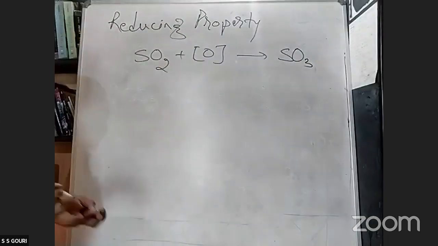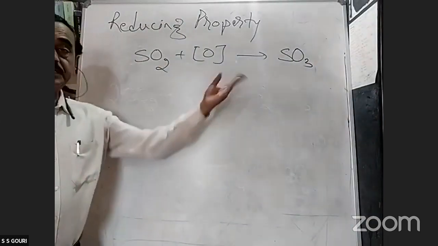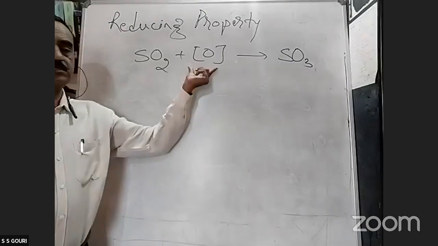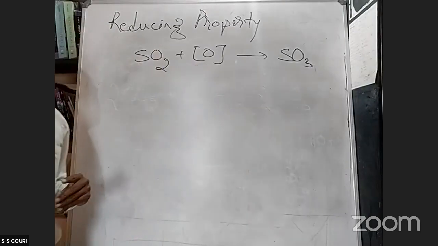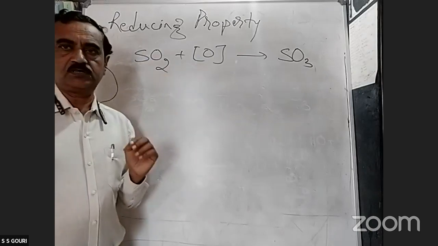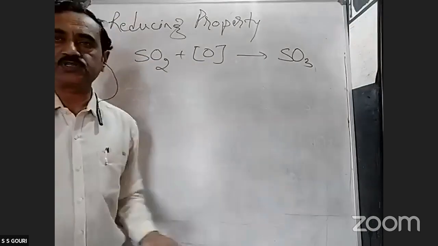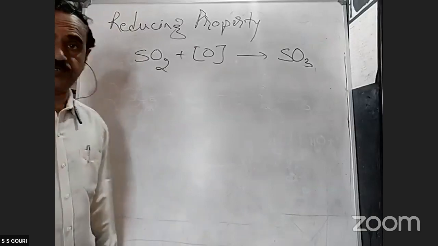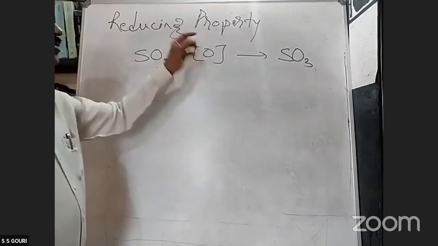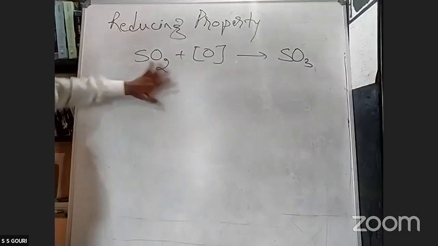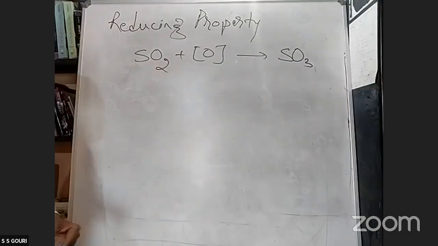Just now it came across, I told that it is an oxidation reaction. What is this? Oxygen in square bracket is nascent oxygen. Nascent oxygen means just born, just produced. Whenever it is required, it should be produced. This reaction shows that SO2 undergoes oxidation. It undergoes oxidation means it acts as a reducing agent.